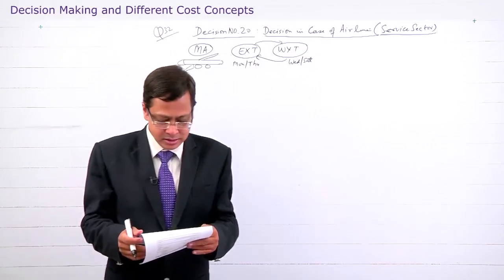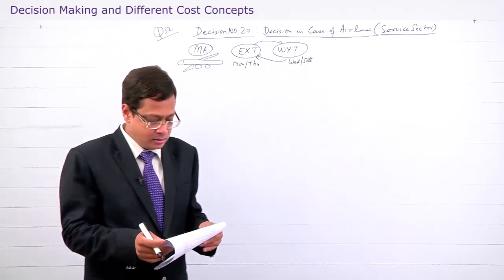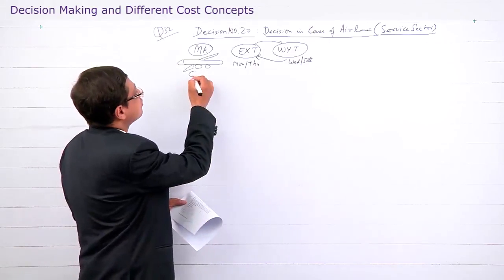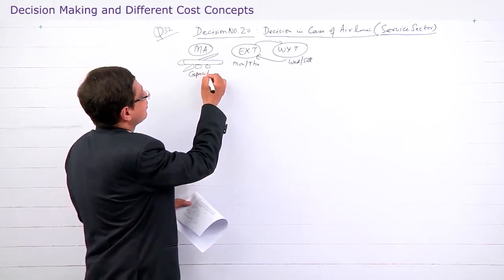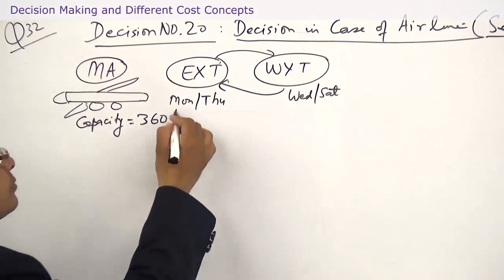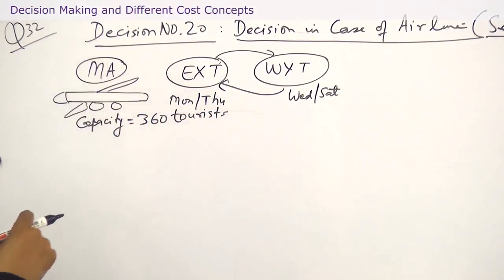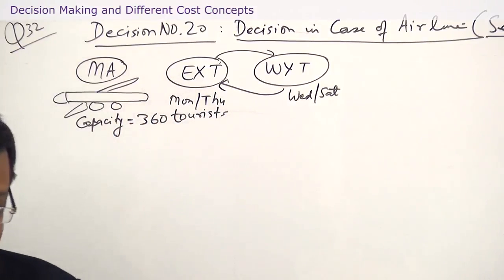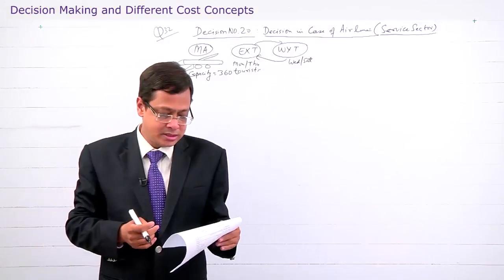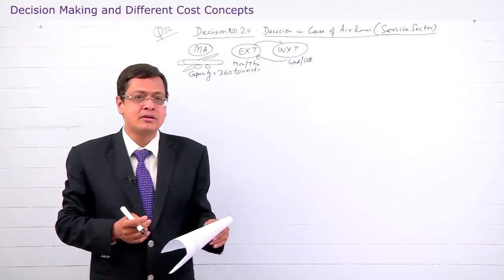Now, the question says the seating capacity per plane is 360. So, the capacity is 360 tourists. Average passengers per flight is 200.